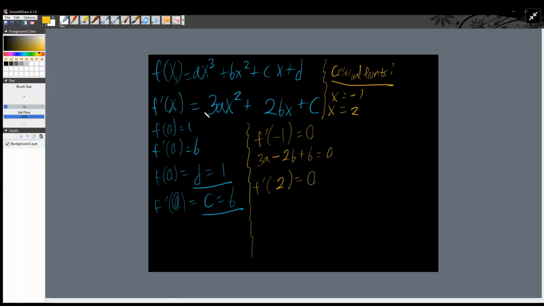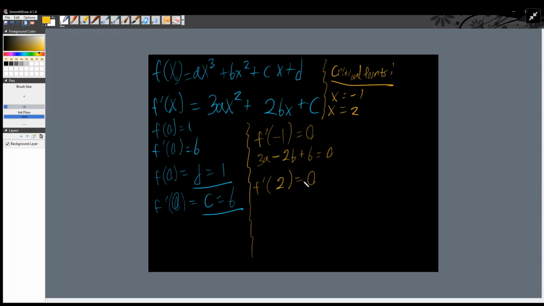Same principle, right? We don't want 12a plus 4b plus 6 extending to infinity. That would mean either a or b, or both, extends to infinity, which is again implausible.